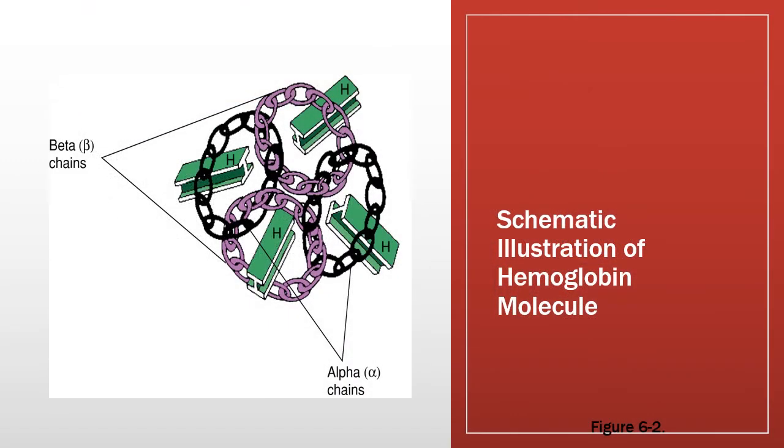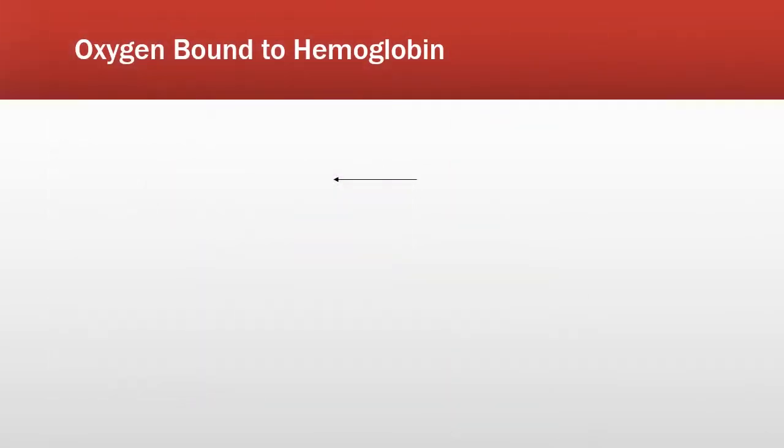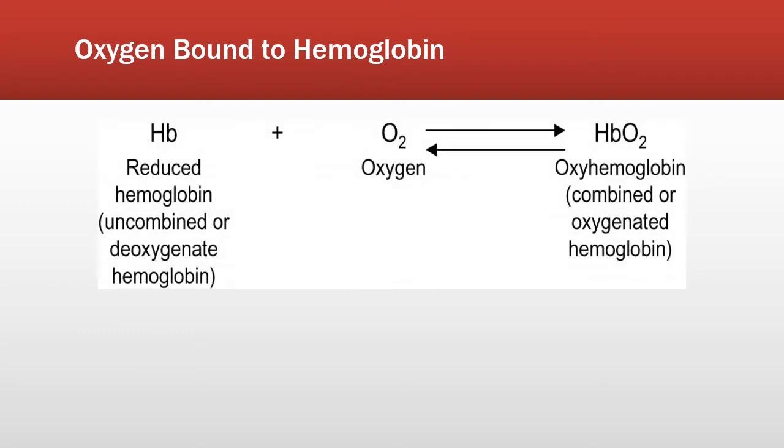Let's look at a schematic illustration of the hemoglobin molecule. The globin or protein portion consists of 2 alpha chains and 2 beta chains. The 4 heme or iron-containing portions are in the center of each globin molecule. Because there are 4 heme or iron groups in each hemoglobin molecule, a total of 4 oxygen molecules can combine with each hemoglobin molecule.